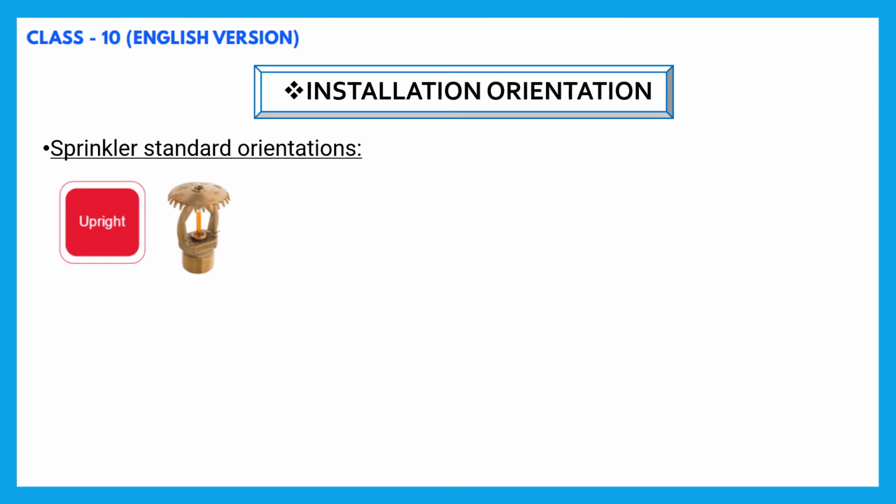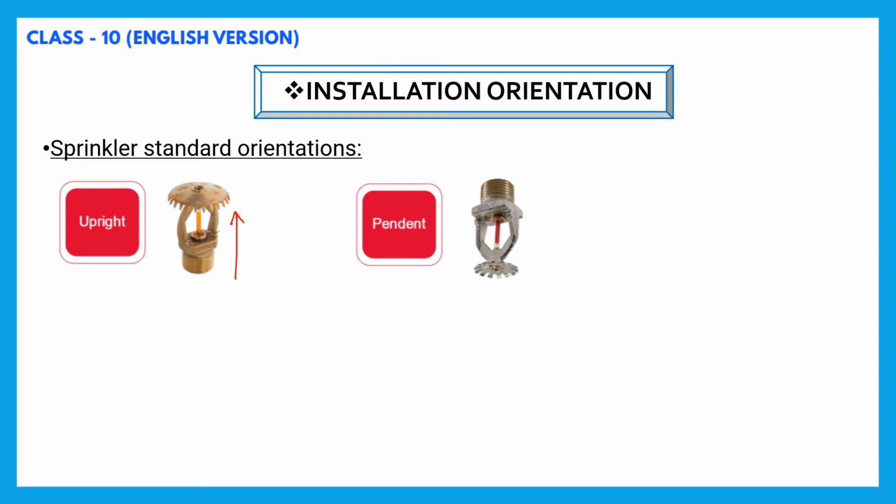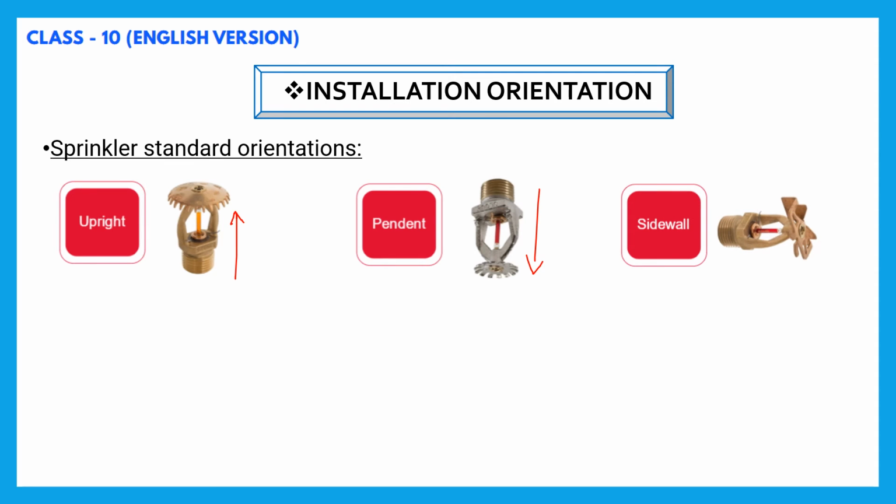The orientation for the upright is that the deflector is above the frame, and for the pendant sprinkler the orientation is downwards, the deflector will be downwards and below the frame, and for the side wall sprinkler the orientation is on the side of a wall, the deflector will be on the side.